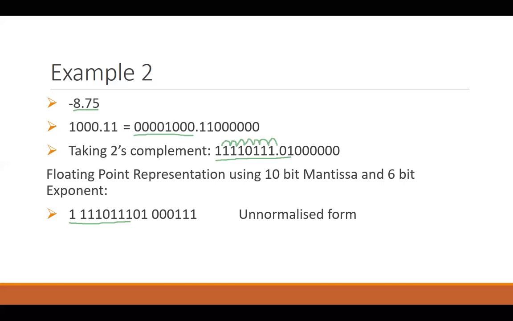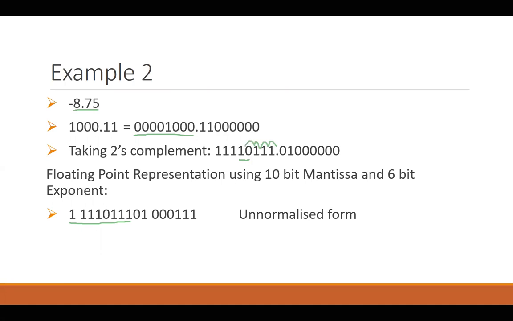Now this is your unnormalized form. To get to the normalized form, I have to look for the first pair of alternating bits. The first pair of alternating bits from the left is this one. So I'm going to shift it 1, 2, 3, and 4 places, I think.